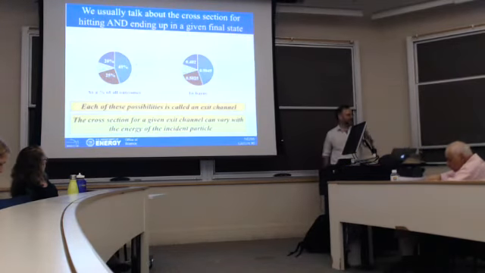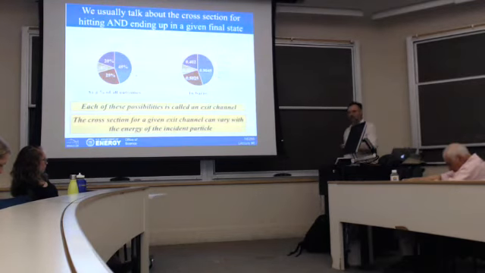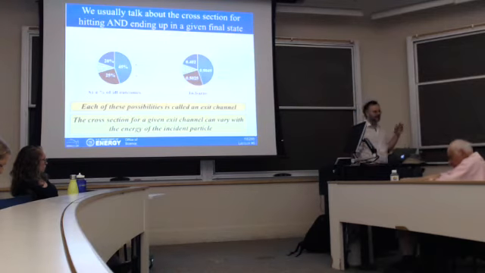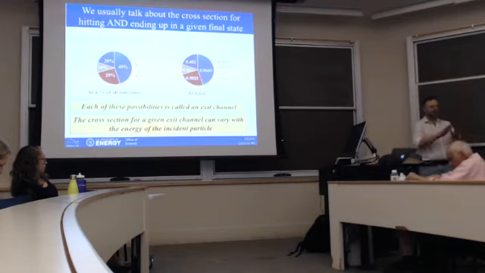And in fact, this is my next point. The cross-section for a given exit channel can vary with the energy of the incident particle. So what does that mean? Once a neutron is moving above a certain velocity, the cross-section for hitting is pretty constant. It's not exactly constant, but it's pretty constant.